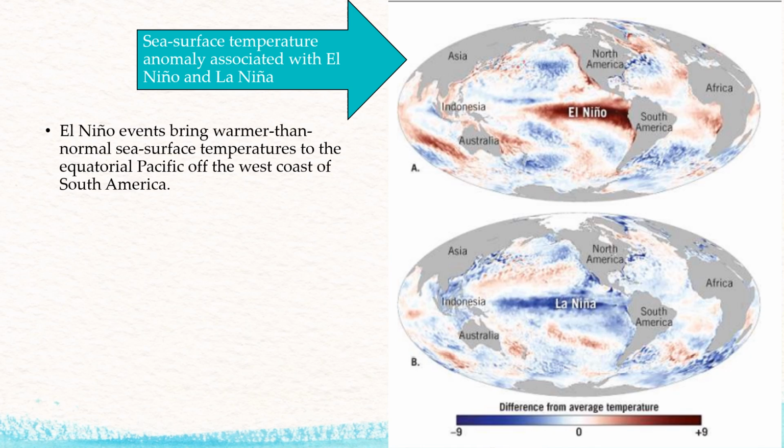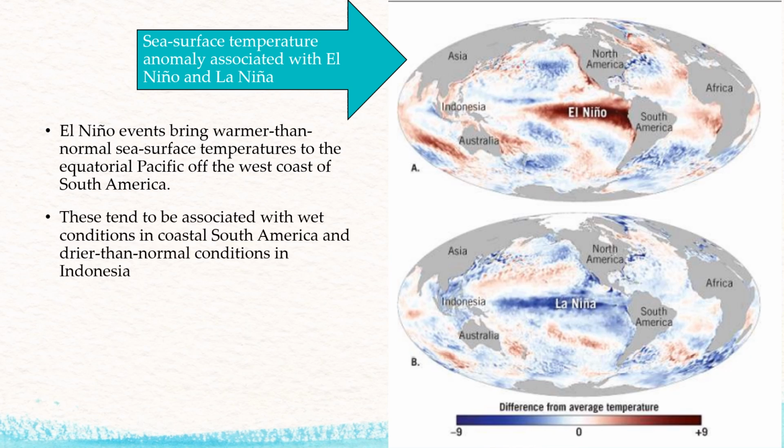So the El Nino events again bring warmer than normal sea surface temperatures to the equatorial Pacific off the west coast of South America. And these tend to be associated with wet conditions in coastal South America and drier than normal conditions in Indonesia.